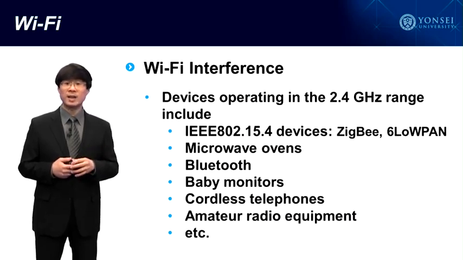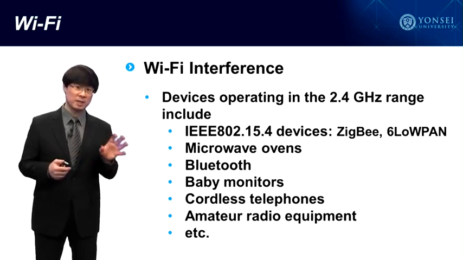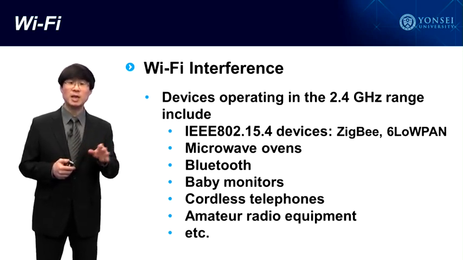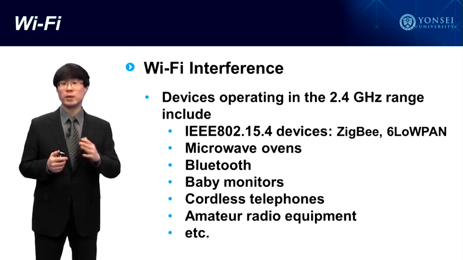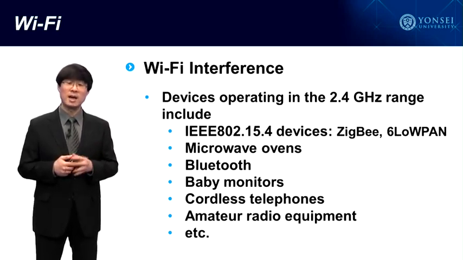Now, Wi-Fi interference, for example, at the 2.4 gigahertz range, includes many other types of devices that use this frequency range as well. For example, if you have heard about Zigbee or 6LoWPAN, they use the IEEE 802.15.4 modem and also operate at the same 2.4 gigahertz ISM band.